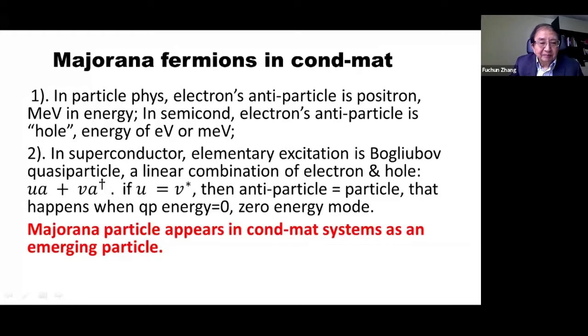In the spinless case, if u and v star are complex conjugates, then the antiparticle is the particle itself. That's for the Bogoliubov quasiparticle, and that happens when the quasiparticle energy is zero. So we also call it the Majorana zero mode. That opens the possibility to observe Majorana zero mode in condensed matter systems.